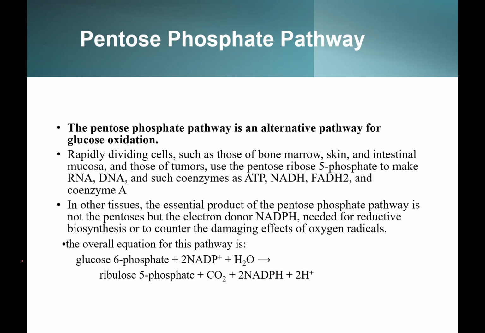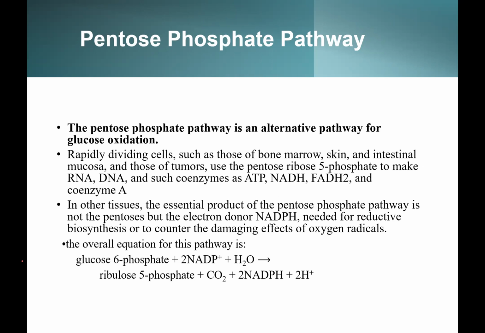So, the pentose phosphate pathway is an alternative pathway for glucose oxidation. Glucose has many fates in the cell. And remember when we talked about glycolysis, we said there's a committed step, right? The committed step is PFK1, I do believe.